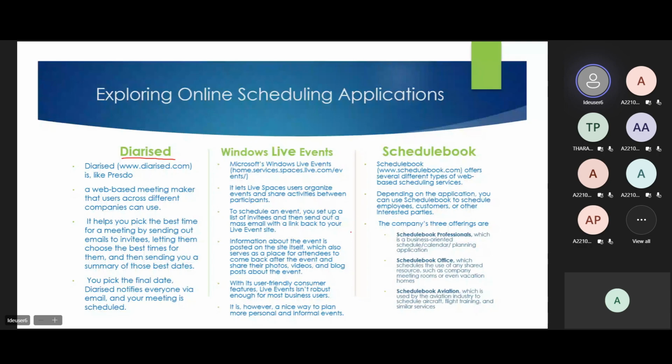For professionals, a business oriented schedule, calendar, and planning application is given. For the office, it schedules the use of any shared resources such as company meeting rooms or even vacation homes. And aviation is used by the aviation industry to schedule aircraft, flight training, and similar services in that Schedule Book. Okay.